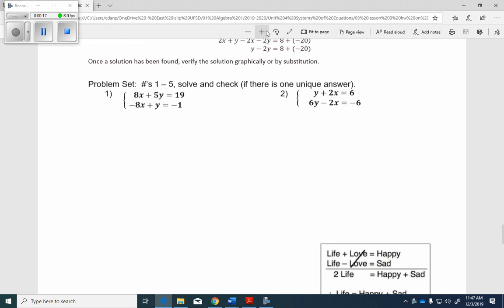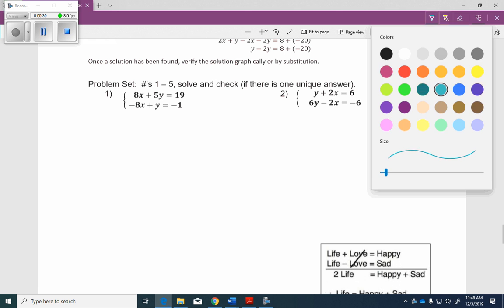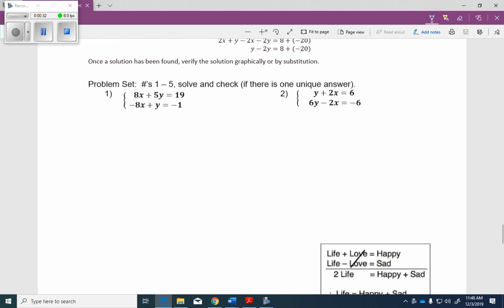So I just want to remind you about the elimination method. We know that we want the x's lined up, the y's lined up, the equal signs lined up, and the constants lined up. And if everything is lined up, then we look to make sure that the coefficients of one of the variables are opposites. We could see that x has coefficients that are opposites.